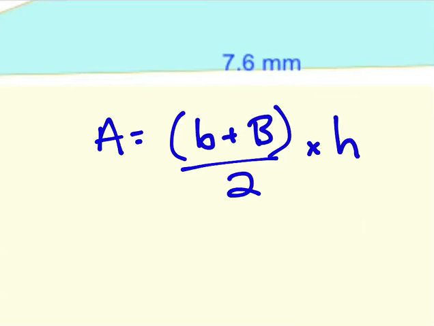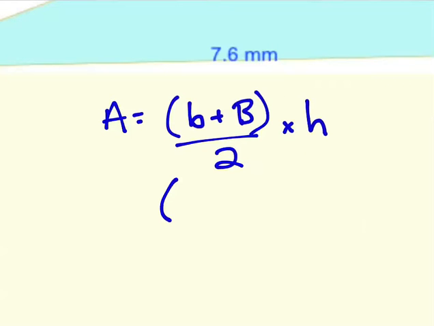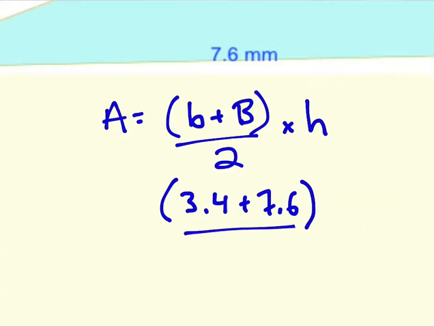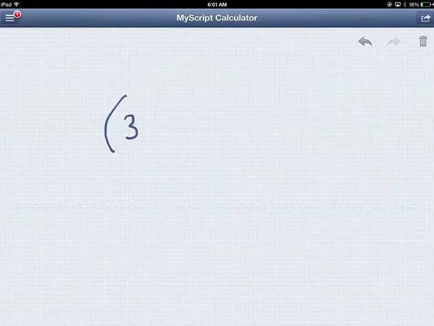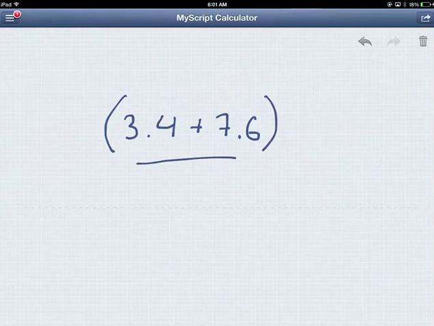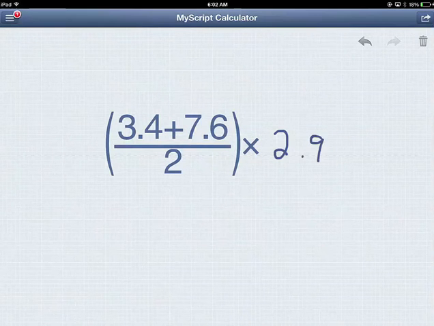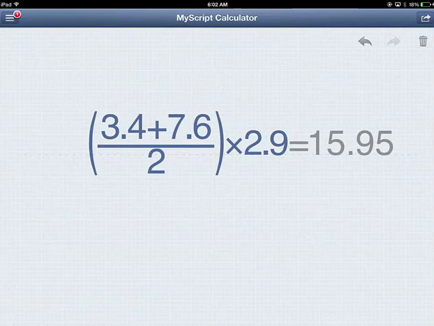All right, so the little base is 3.4 plus the big base, which is 7.6, and that's all being divided by 2 times the height, which is 2.9. Divided by 2, so the average of the bases times the height. So 15.95.